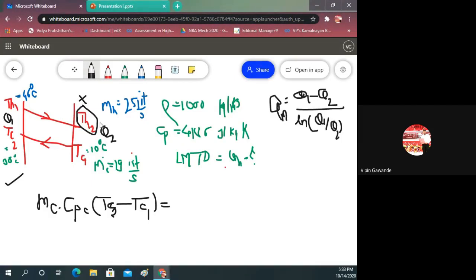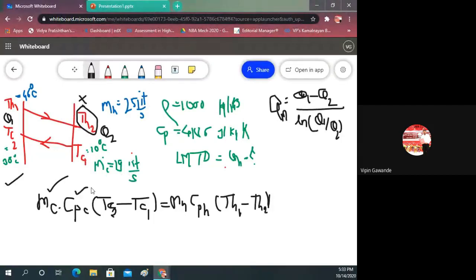What is the heat balance equation for the hot fluid? So this is MH, CPH. And what is the temperature difference? Higher temperature minus lower temperature. So this is TH1 minus TH2. Now out of this, what is given in the problem? MC is given, it is 19 liter per second.